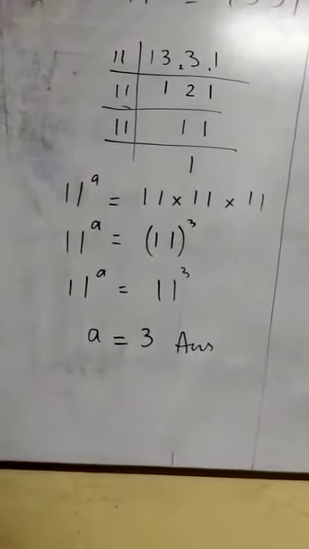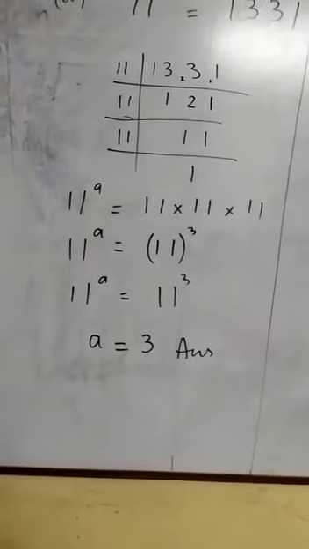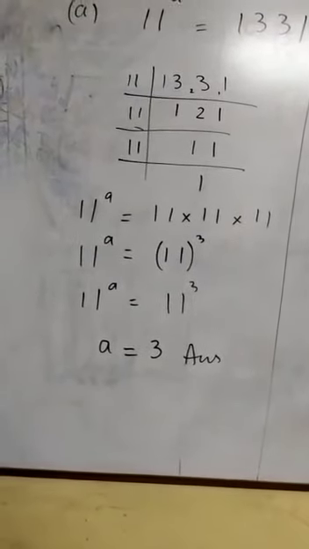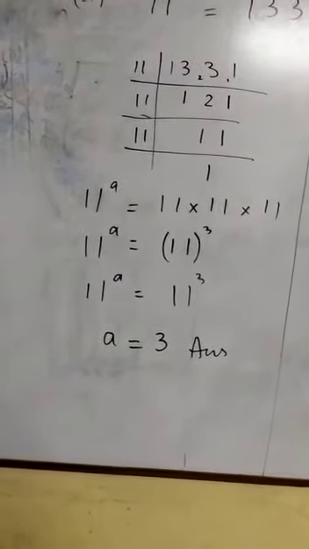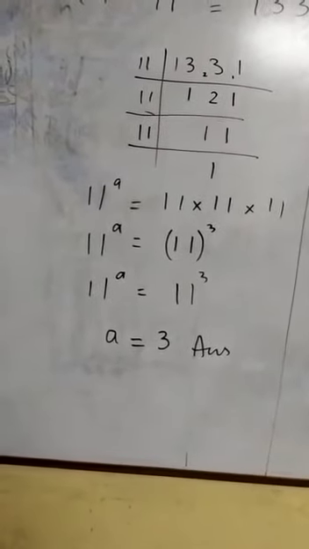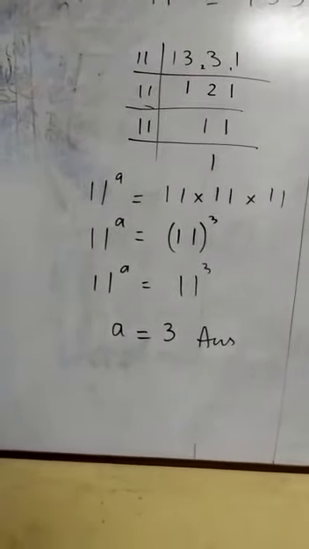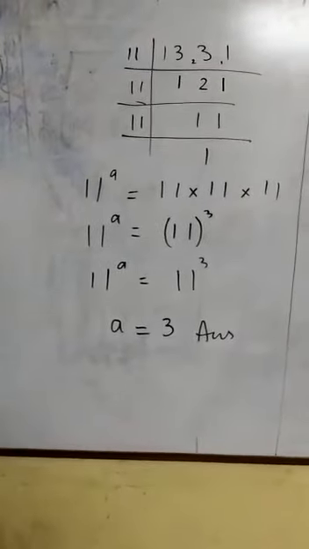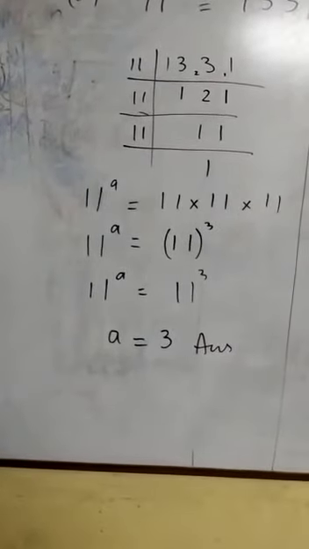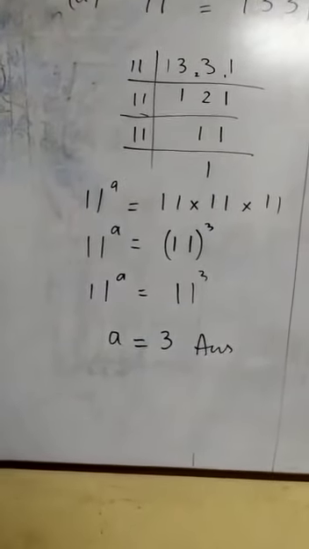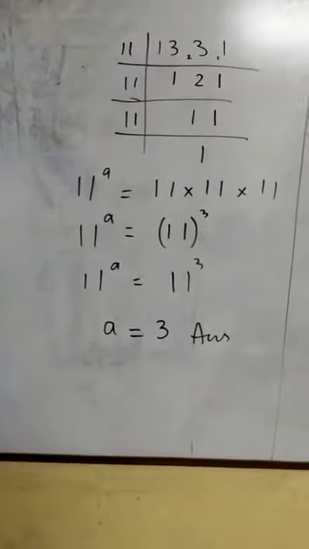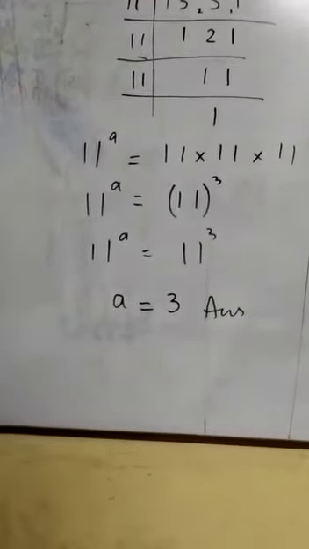Now we will apply the law of indices, and according to that law, when bases are the same, powers are equal. So we will make the powers equal, and this will give you a equal to 3. So a is 3. This is the answer. Now move to the next question.